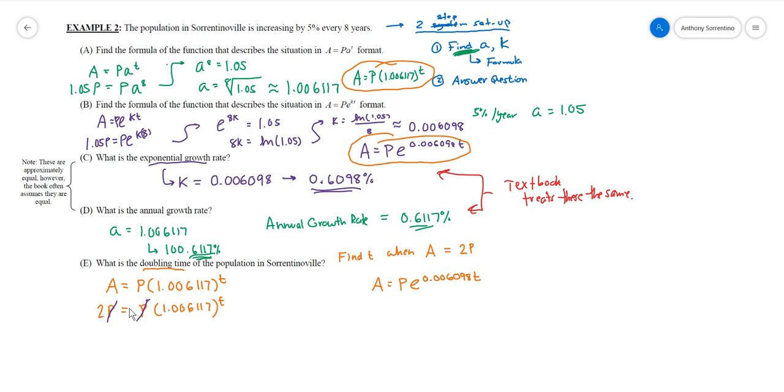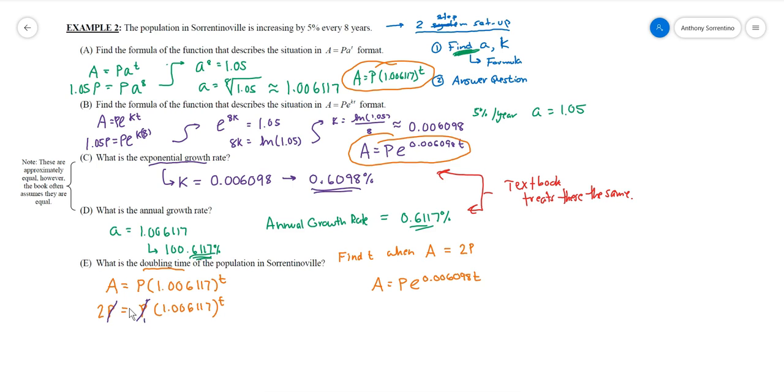So if you let P equal 100 here, then A would have been 200, and you still would have gotten to the same point where 1.006117 to the t power equals 2. It doesn't matter if you set it up right and you truly doubled the initial amount to get to the final amount. You're going to end up at this point anyway.